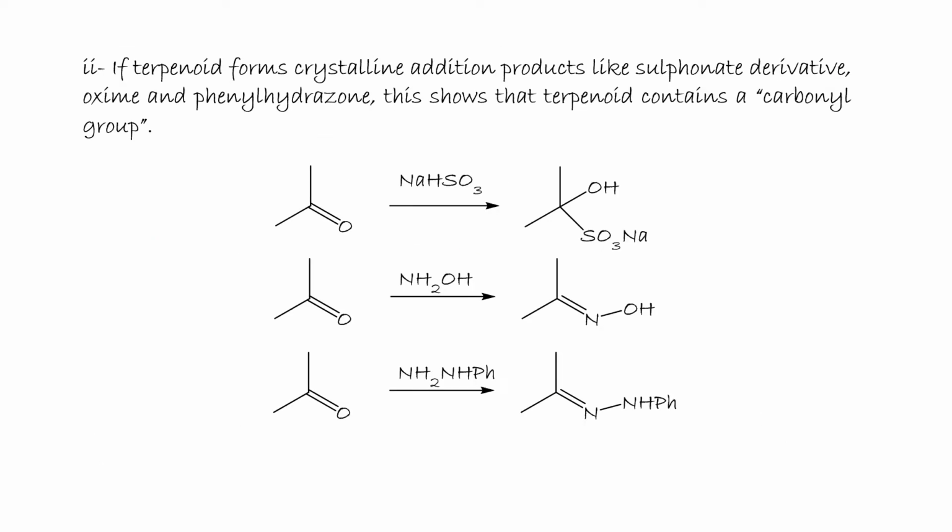If a terpenoid forms crystalline addition products like bisulfite derivative, oxime, and phenylhydrazone, this shows that the terpenoid contains a carbonyl group. So if we have a carbonyl with sodium hydrogen sulfite, it will form the bisulfite adduct.